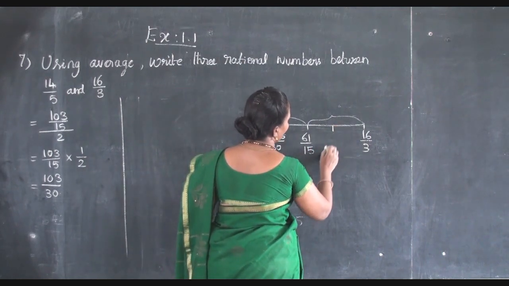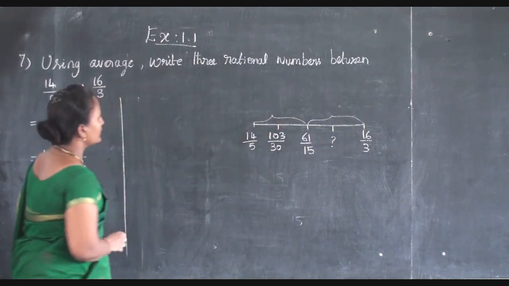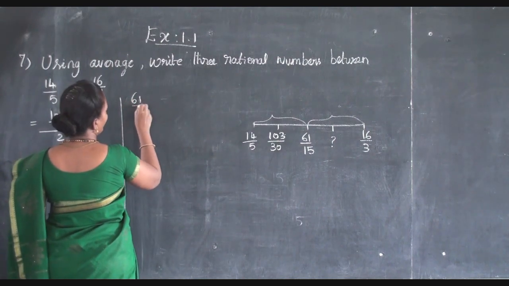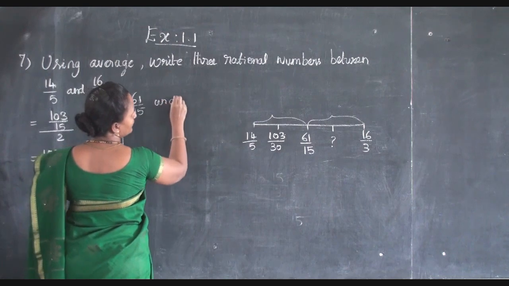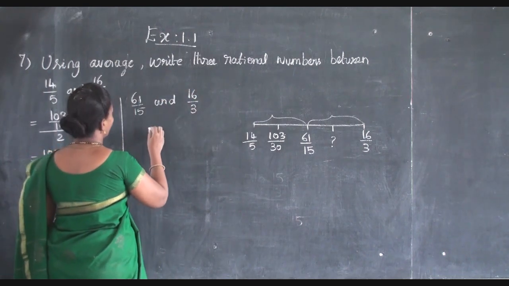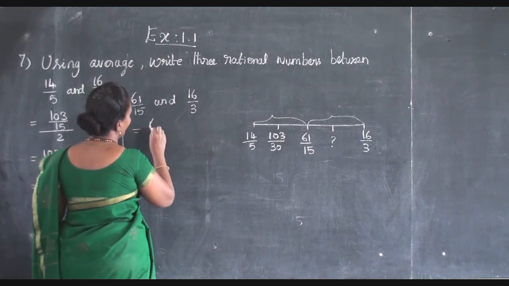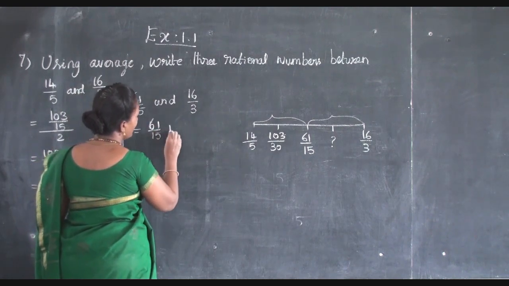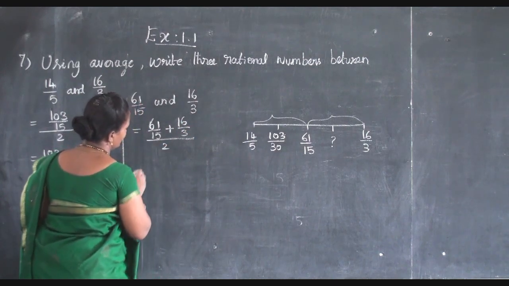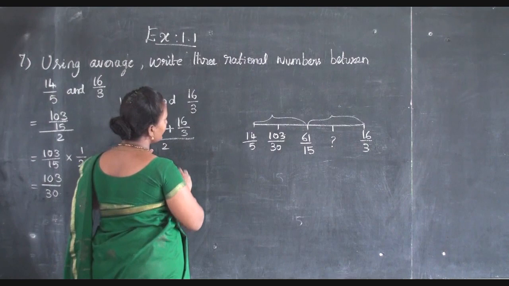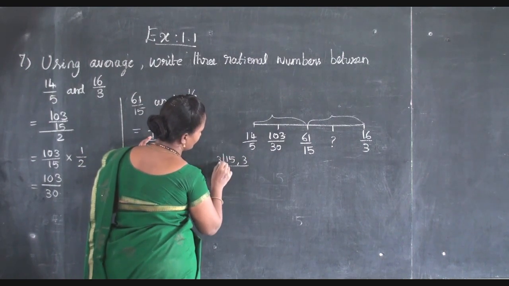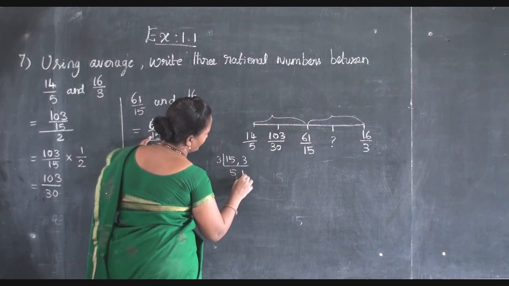And here we have to find this number. So take 61 by 15 and 16 by 3. Make average for that: 61 by 15 plus 16 by 3, whole divided by 2. Take LCM for 15 and 3, 5 and 1.